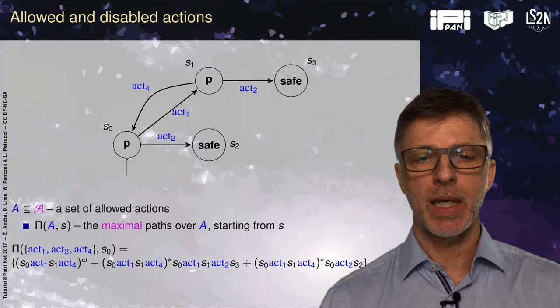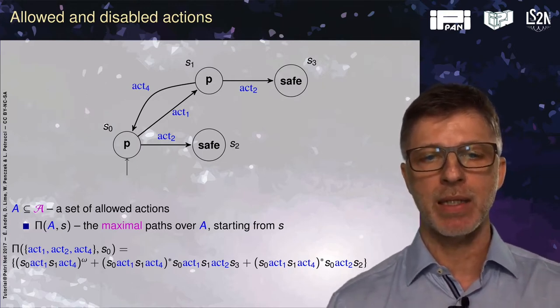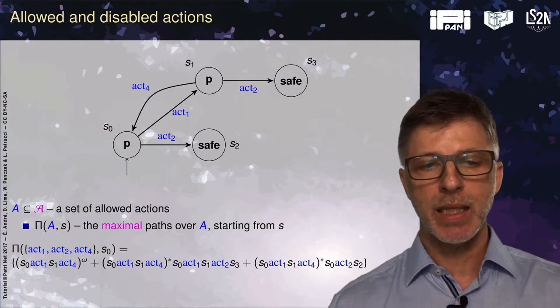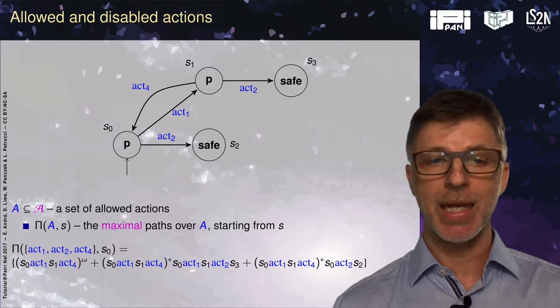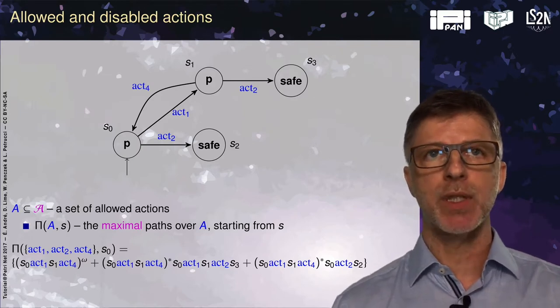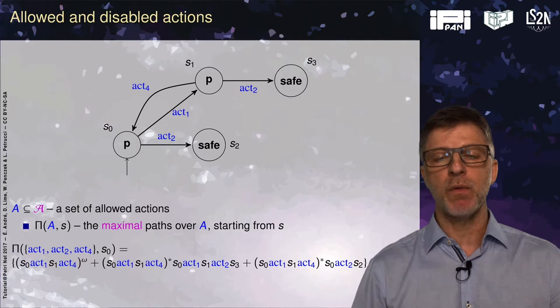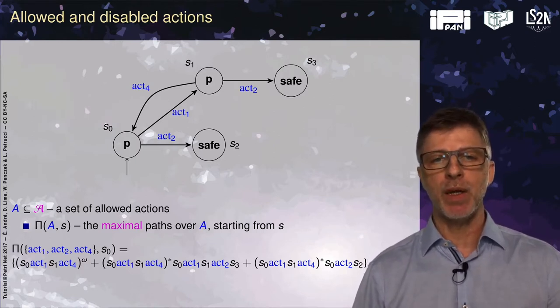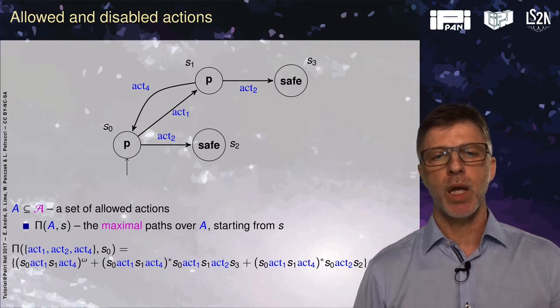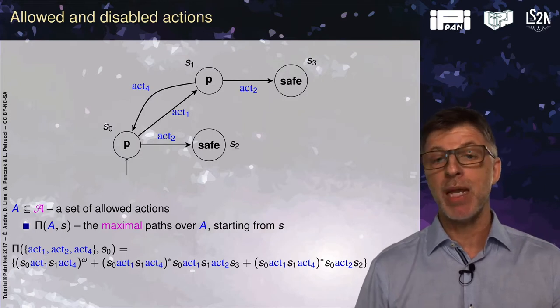The reason that we need to deal with maximal paths rather than with infinite ones is that we are going to look at restrictions of our paths to sets of actions which these paths are defined over. So even if we assumed at the beginning that our paths are infinite, if we restrict a set of actions, then we may get finite paths.